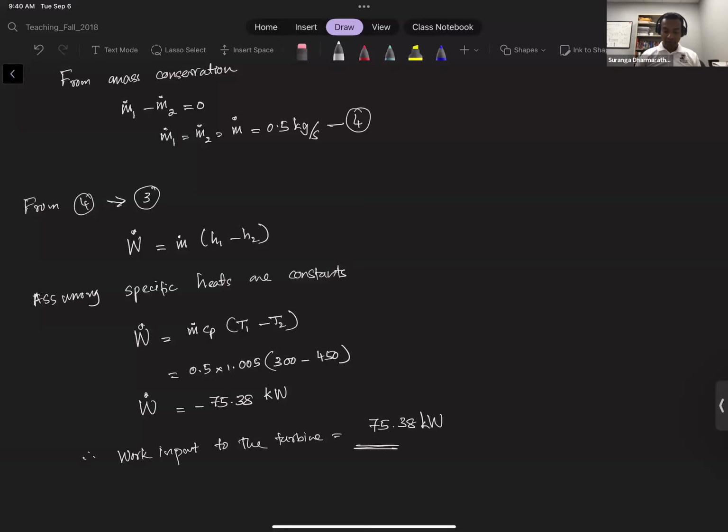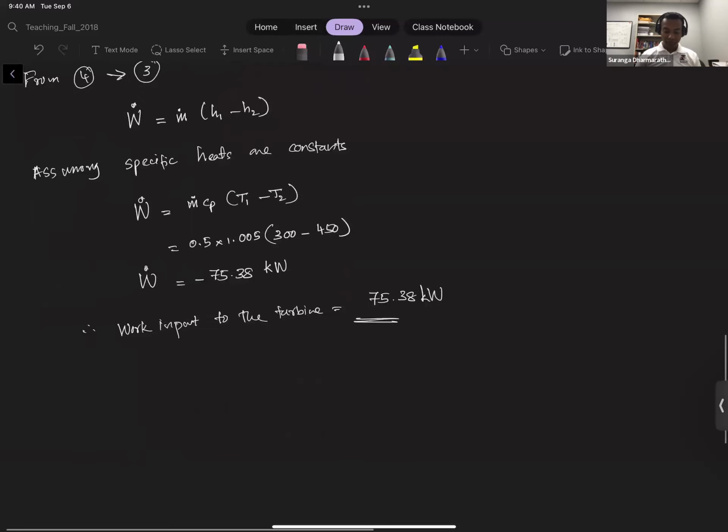Okay. And if someone wants to calculate using variable specific heat, that means Cp changes with temperature. That change can be taken into account by looking into the tables and finding h1 and h2.